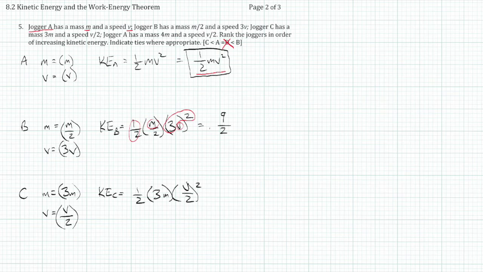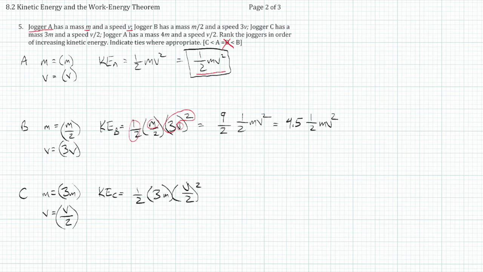So that's going to be 9 over 2. So there's our 9, and there's our 2, and everything else is the 1/2 mv squared. So that simplifies to, what is 9 over 2? That's 4.5, right?